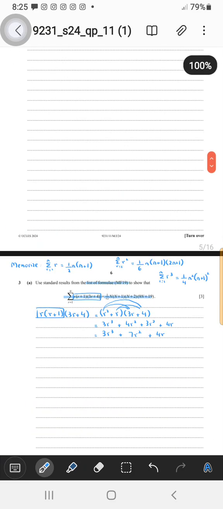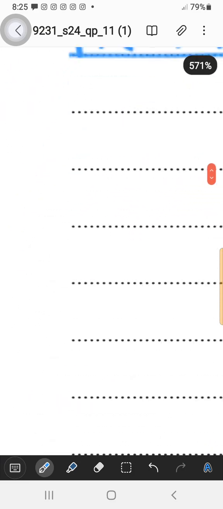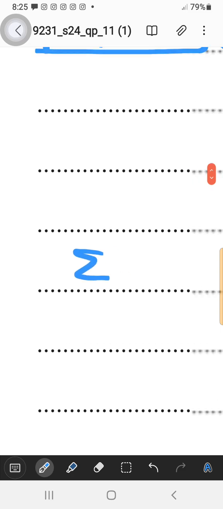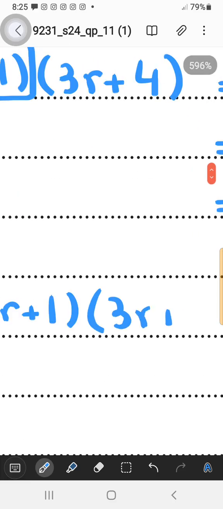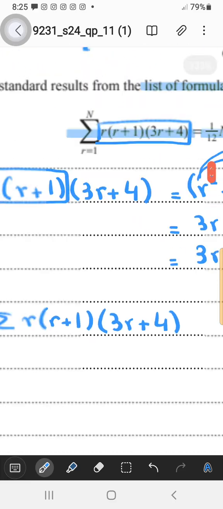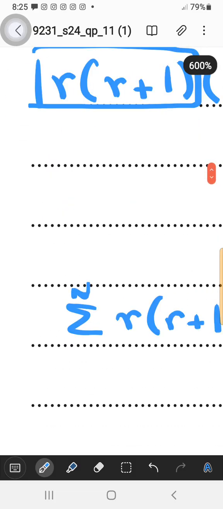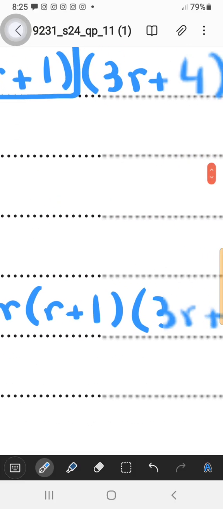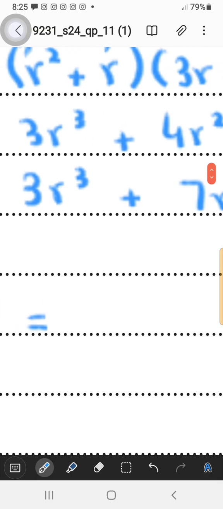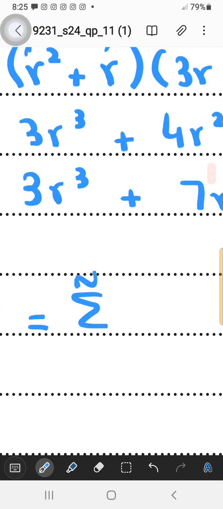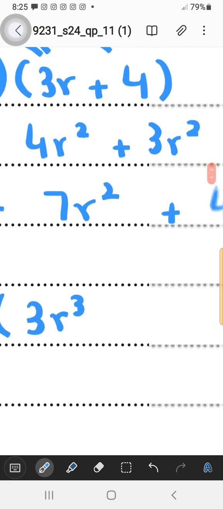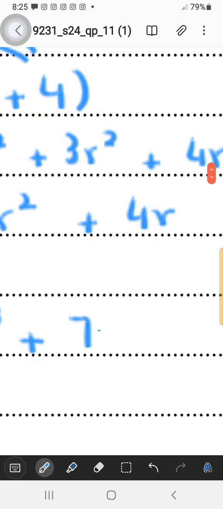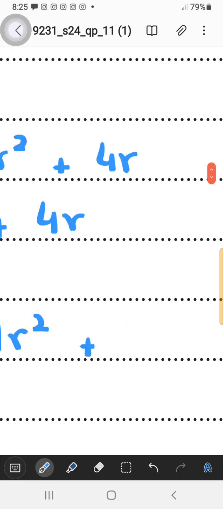We had expanded this. We can write that the sum of r, r plus 1, 3r plus 4, till the limit of capital N and r equal to 1, is equal to the sum from r equal to 1 to capital N of, in bracket, 3r cube plus 7r square plus 4r.